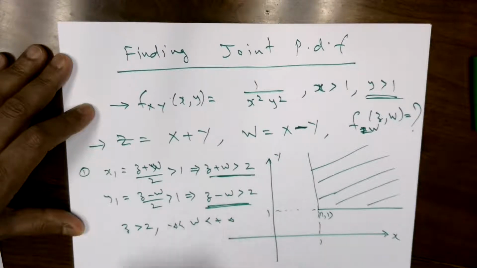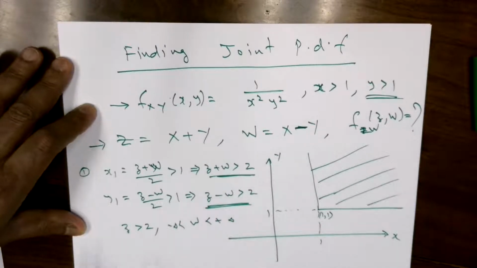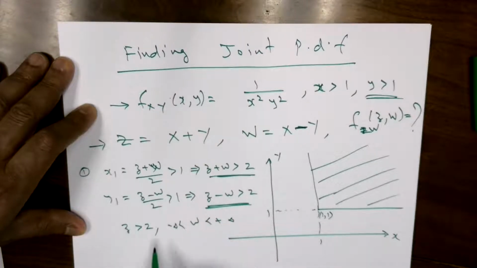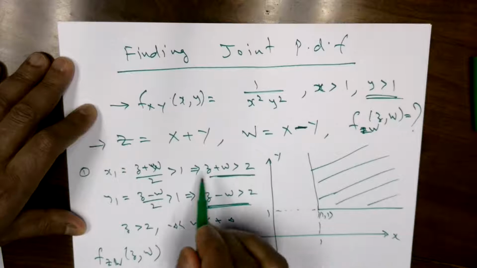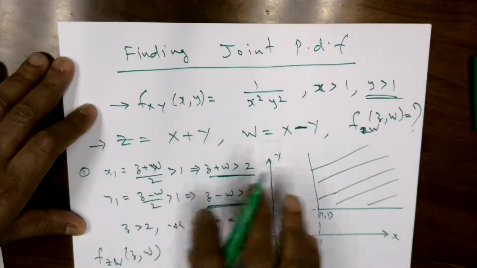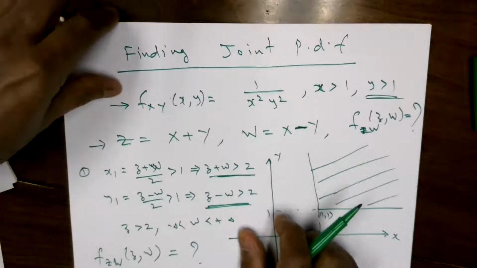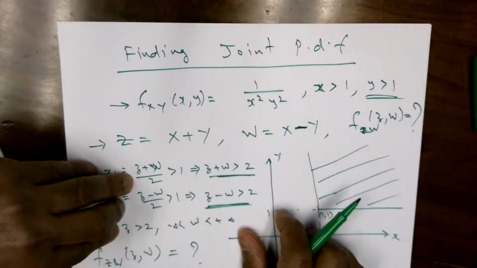So we need to put all this together to figure out the region of integration, or the region where the new joint density function is non-zero. So the question is, where is this non-zero? This can only be non-zero over this region because this gets translated into this. So let me draw that, and then we will go from there.